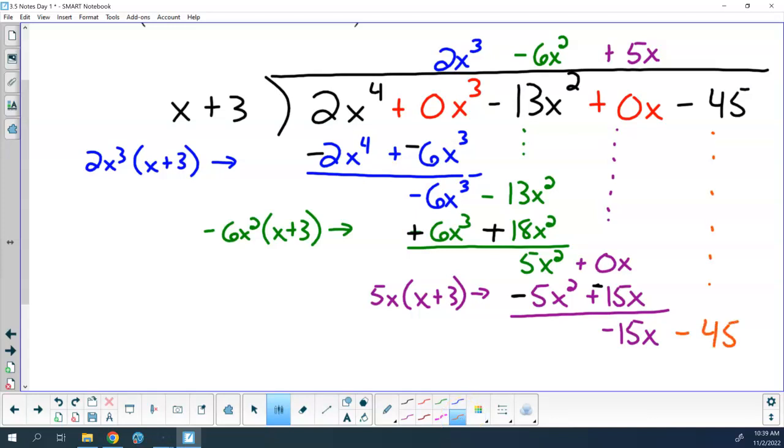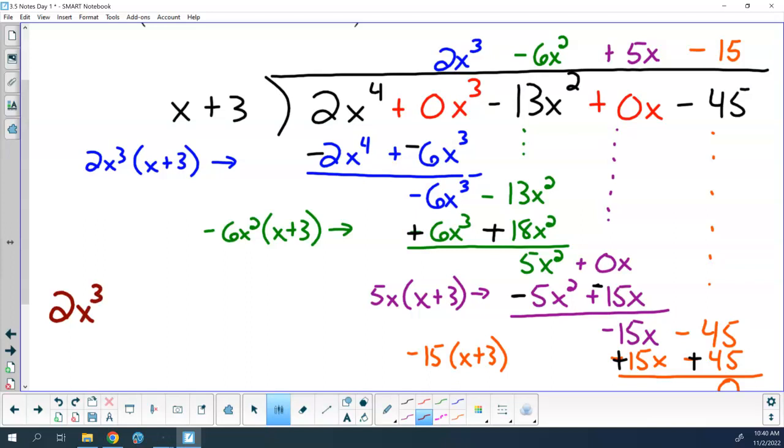Drop. Change, change, gets me a remainder of 0. So this one ends up being 2x cubed minus 6x squared plus 5x minus 15.